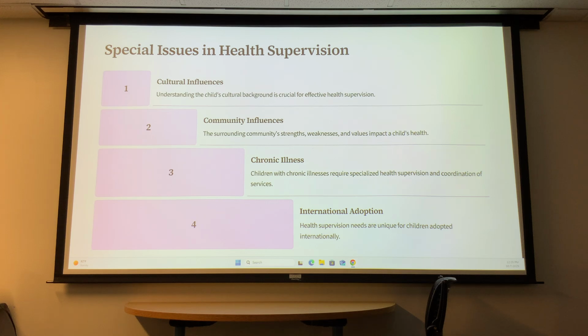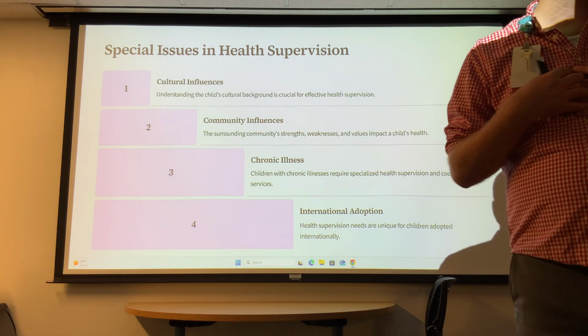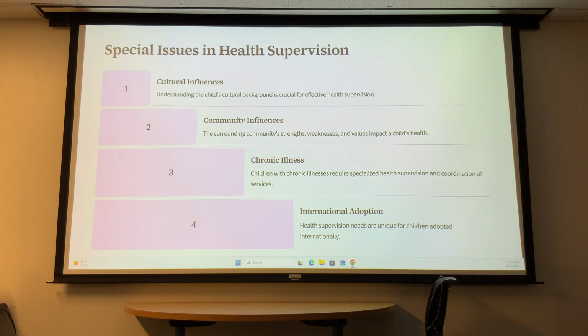Those cultural differences, those backgrounds, and what foods are relevant to them and their culture are going to look very different, right? So how can we use those pieces but still make sure that the child is healthy, right?